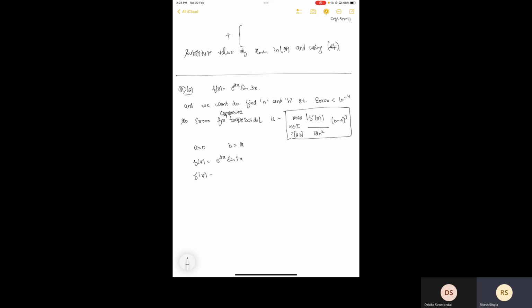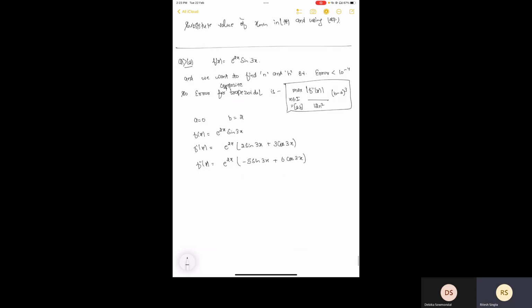So f prime x will be nothing but e to the power 2x times (2 sine 3x plus 3 cos 3x), and f double prime x to be e to the power 2x times (minus 5 sine 3x plus 6 cos 3x). So just find the maximum of this in [0, 2].